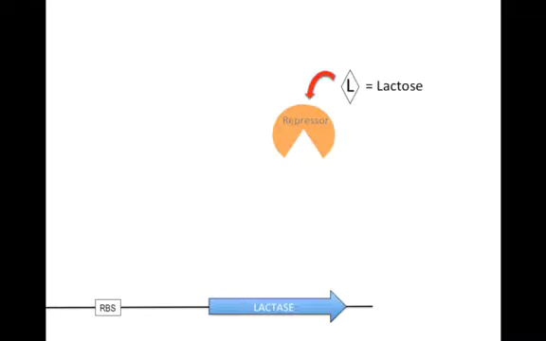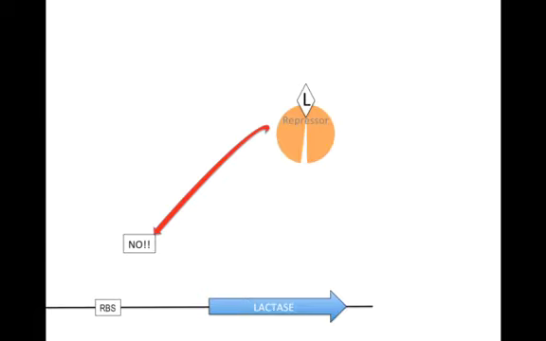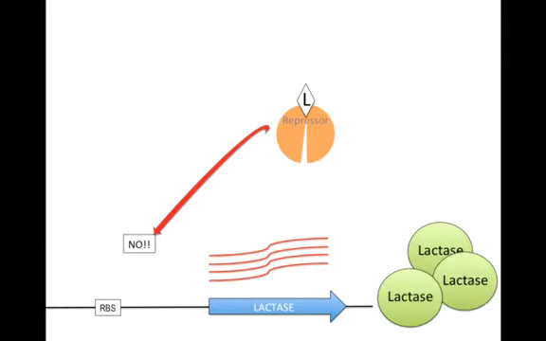Well, now lactose is going to come and bind to the repressor, and it's going to cause the protein to change shape. The repressor is going to go through a conformational change, which affects the binding site. And so now what happens is this repressor that's bound to lactose cannot bind to the RBS, and so now cannot repress lactase, and lactase will be on.